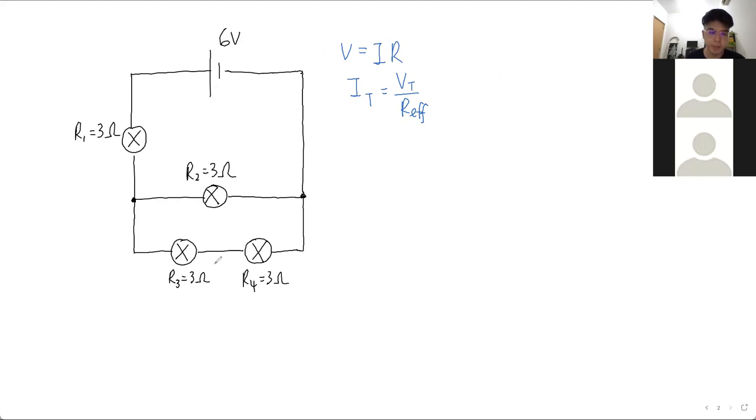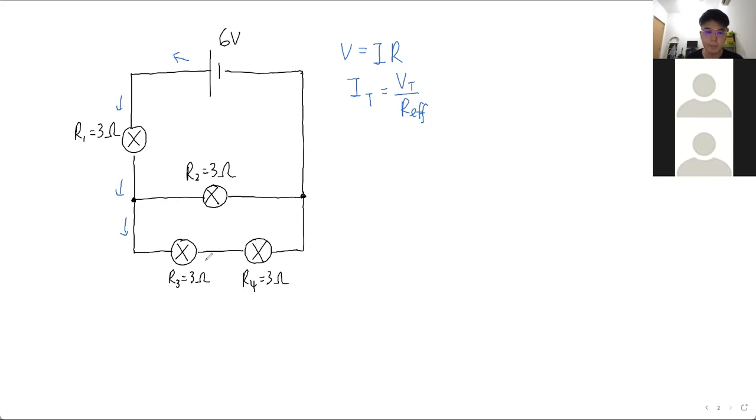We combine these two first, R3 and R4. So I just add it up. They are in series. How do you know they are in series? One way to help you is to look at the current flow. Current flows out from here, down. At this junction, they separate, but the same current is flowing in this branch, R3 and R4.